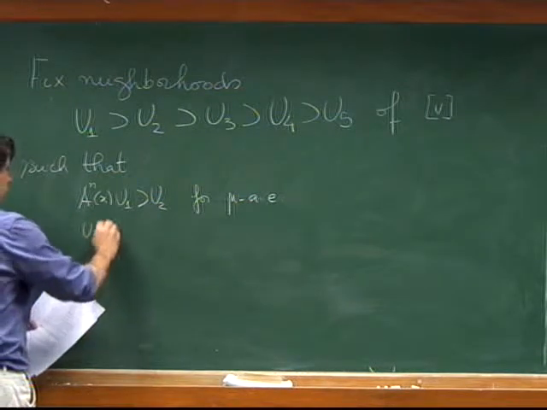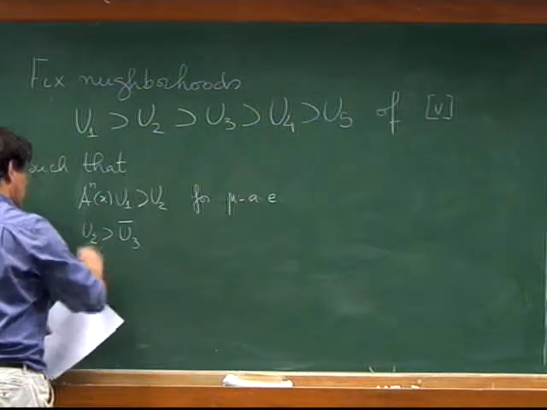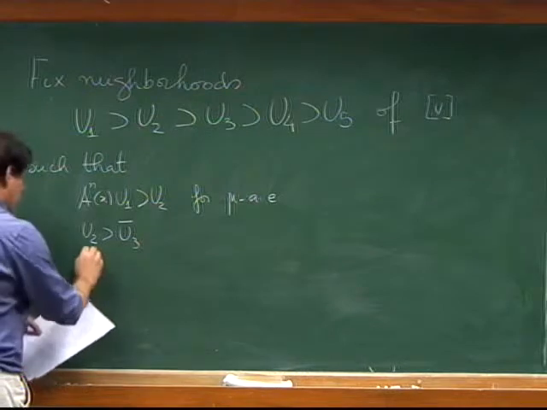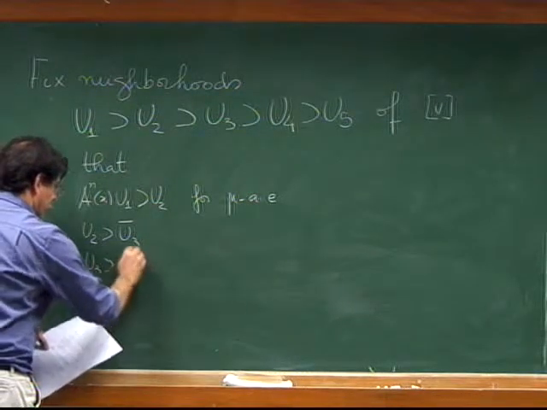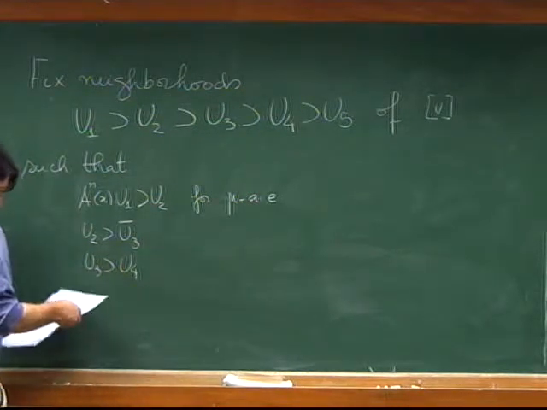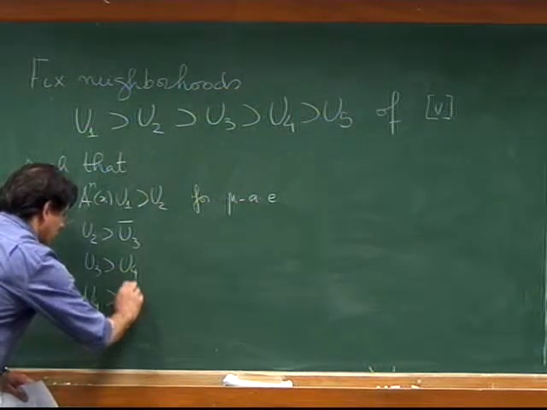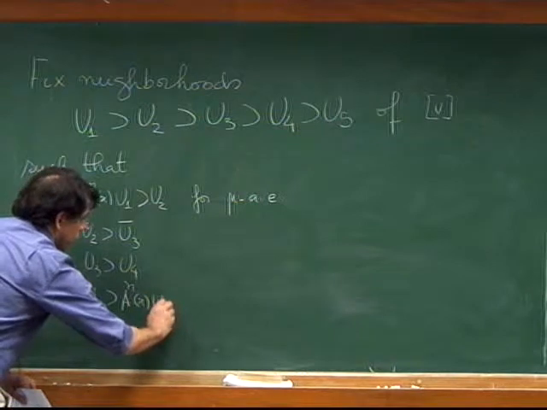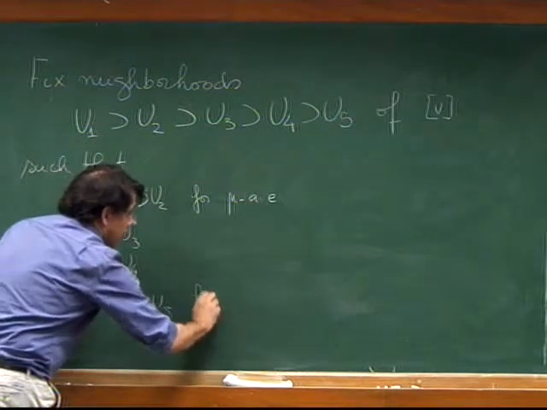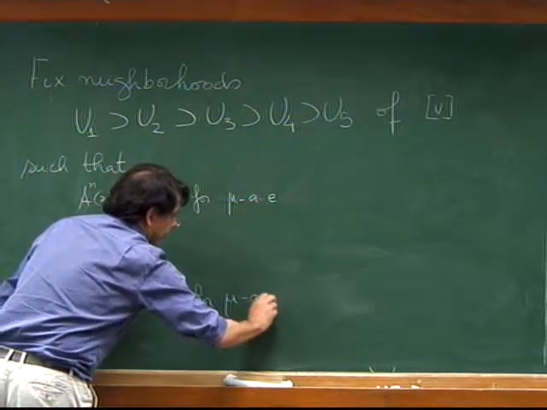U2 contains the closure of U3. U3 contains the closure of U4. U4 contains A n x of U5 for mu almost every x.